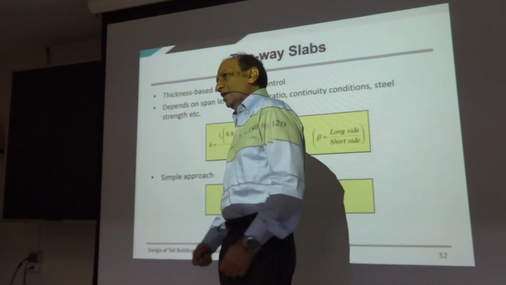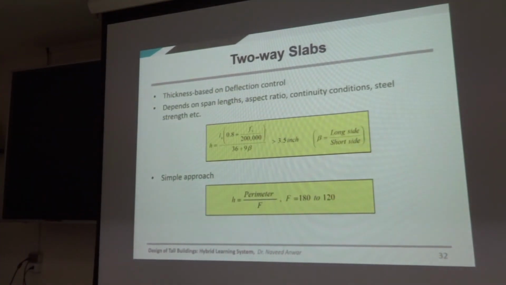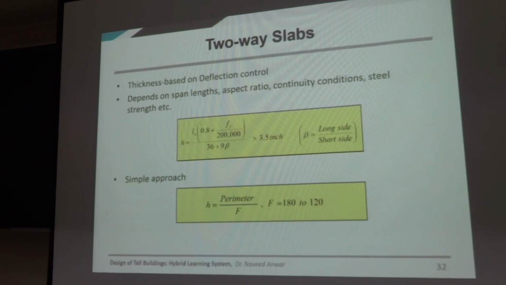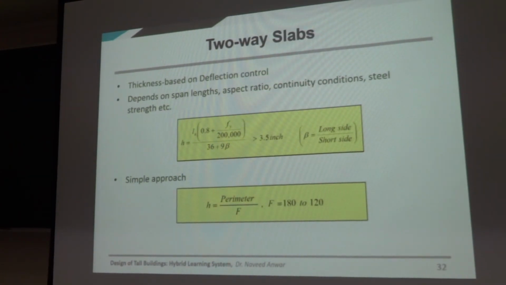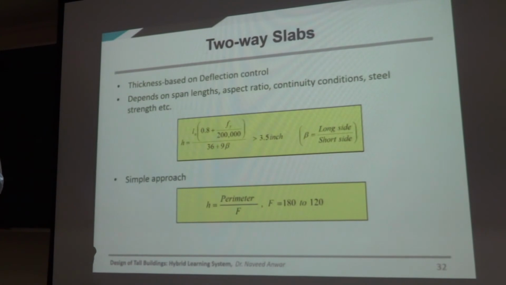Interesting question now. What is steel strength doing in thickness calculations? Let me put this question another way. If you use high strength steel, will your slab thickness be smaller or larger? If you're using high strength steel for the same loading, will you get more reinforcement or less reinforcement? Less reinforcement.